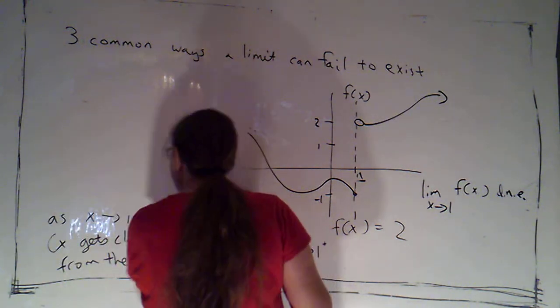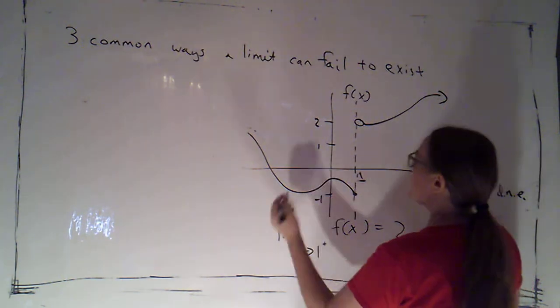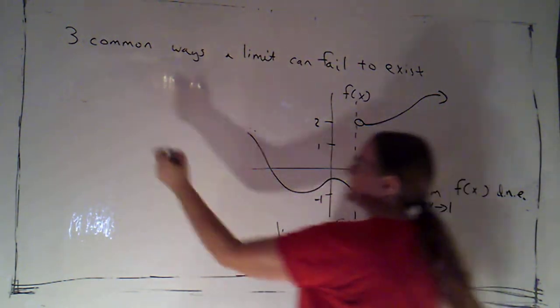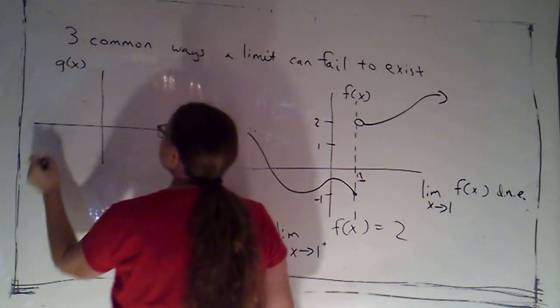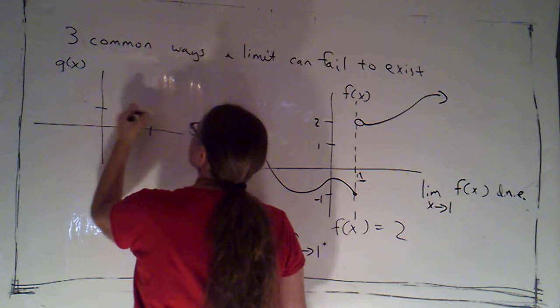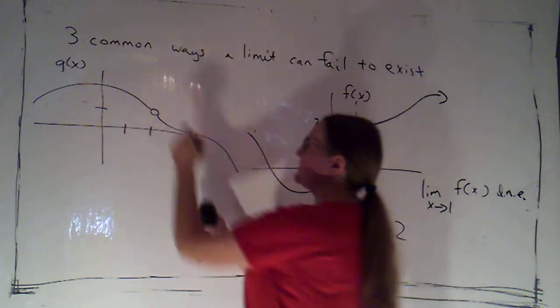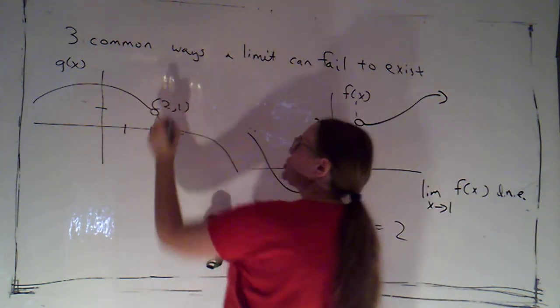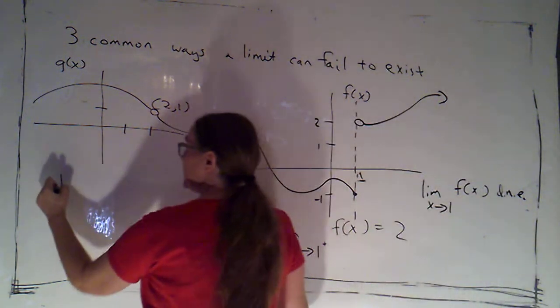And let's just look at a different function. Let's say this is g of x. And let's say there's a hole here at the point 2, 1. Now here, I could take the one-sided limits.